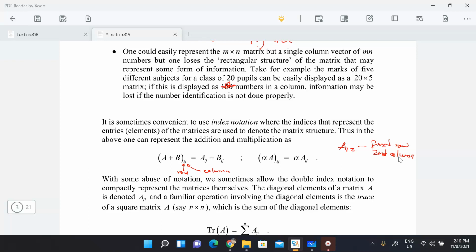So one can shortcut writing matrices in full by just writing them in terms of the index notation. That is equally acceptable. Of course, if the matrix is small, for example a 3 by 3 or even a 5 by 5 matrix, then you normally just write the whole matrix down.